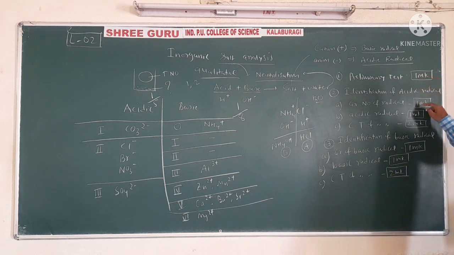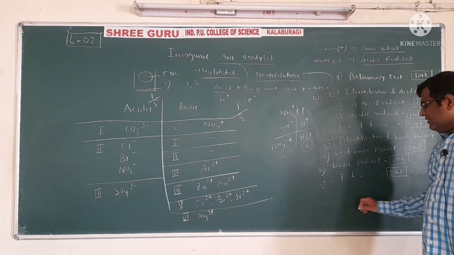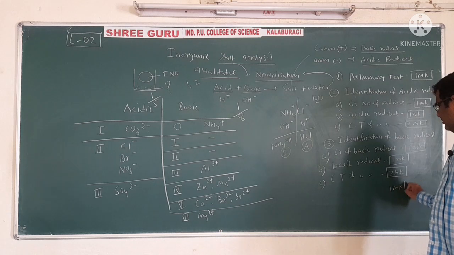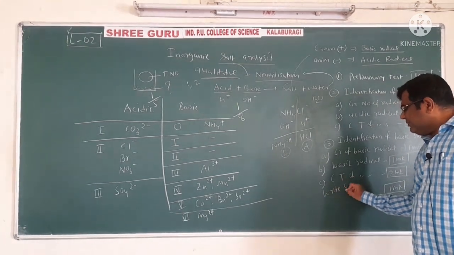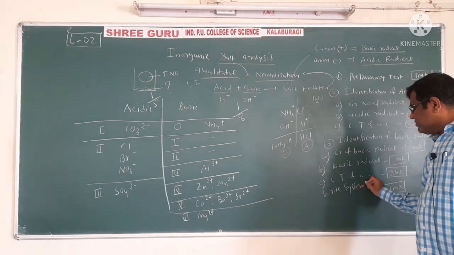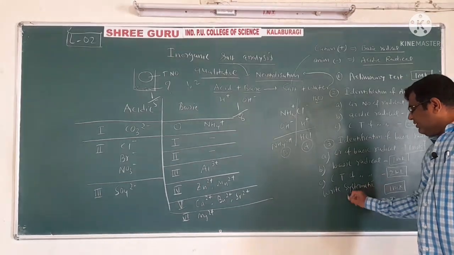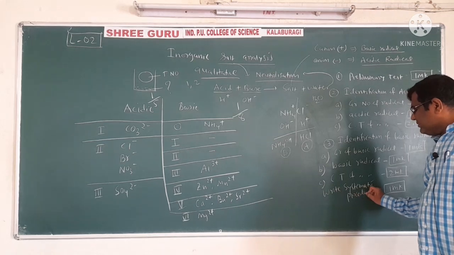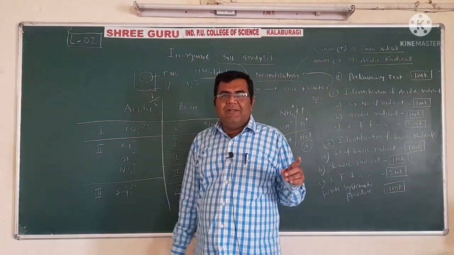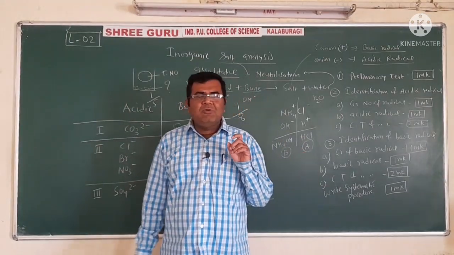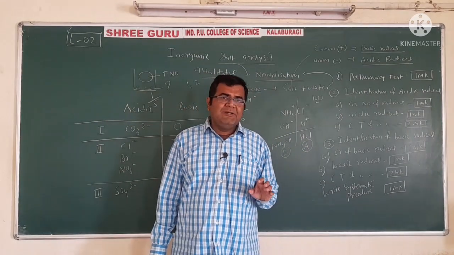So this makes 9. And another 1 mark is for writing the systematic procedure. Systematic procedure is how we write this chart accurately without any overwriting. I will tell you that if you do overwriting, your marks will be deducted.